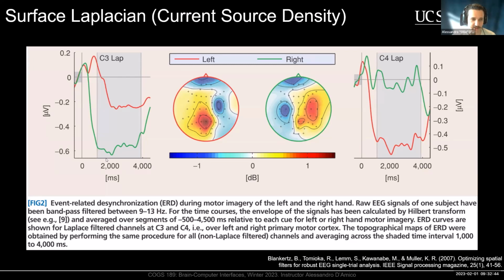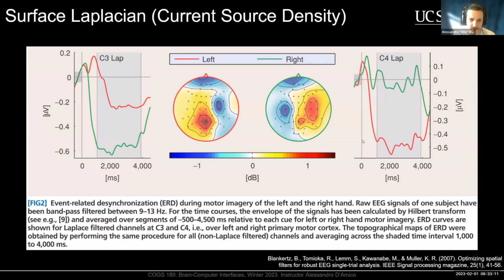When the participant is imagining left versus right hand imagery, the attenuation in left is quite accentuated in this case, and the attenuation in right is quite accentuated in this case. So you can imagine that a classifier would have pretty much no problem discriminating these two signals from each other.